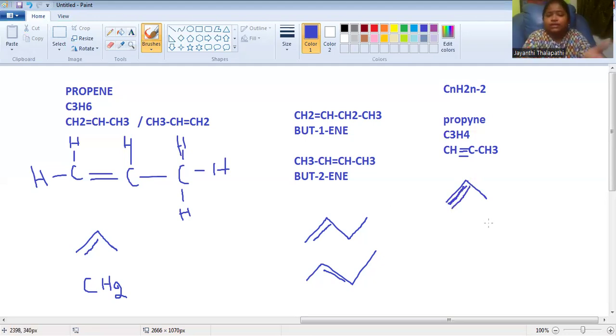So what is the empirical formula? Over here again C3H4. You cannot simplify more than this. So the empirical formula is also C3H4.